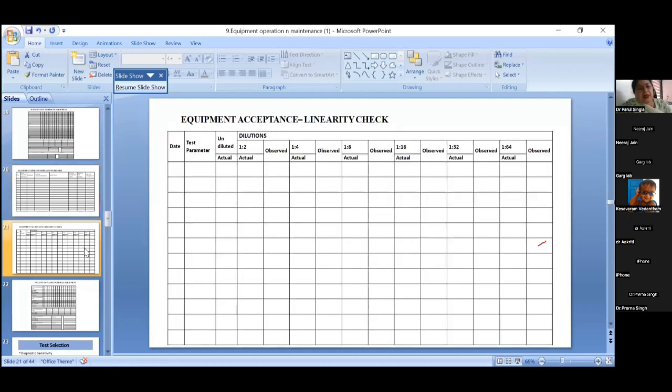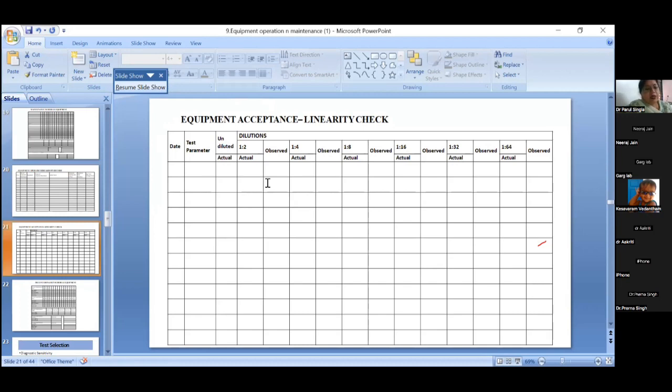Then next is related to equipment acceptance testing. This is a linearity check certificate, where whether you're doing it once in a year or at the time of installation of the equipment, you're verifying the analytical measurement range of your equipment. It verifies the range from the lower limit, say 0 to 1 up to 500.